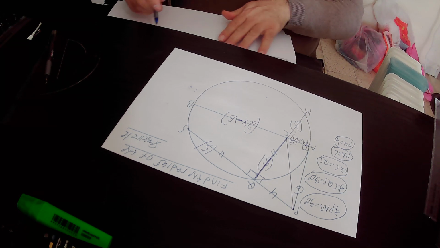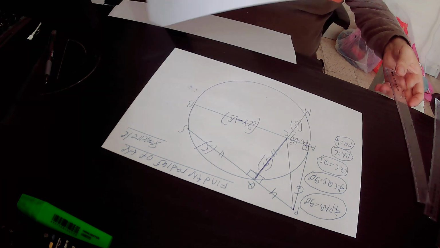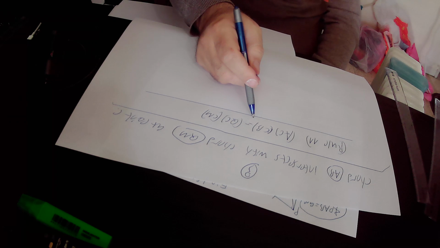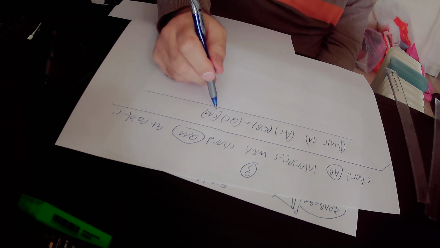Repeat again. According to rule number 11, in our drawing, we will get that AC times CB equals QC times CM.